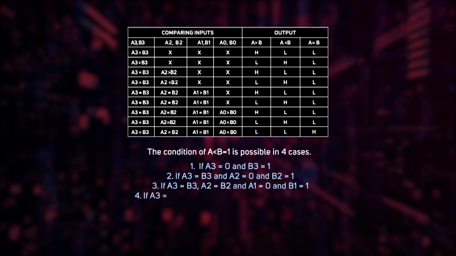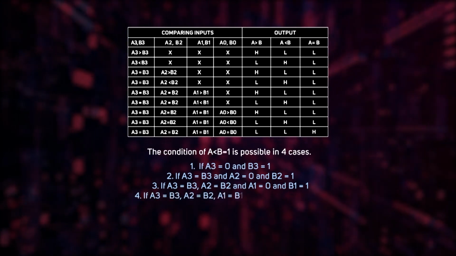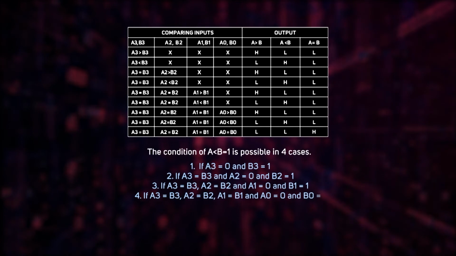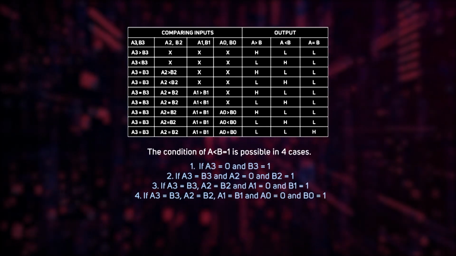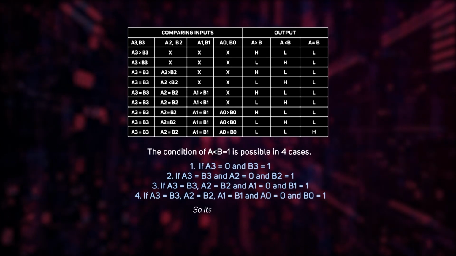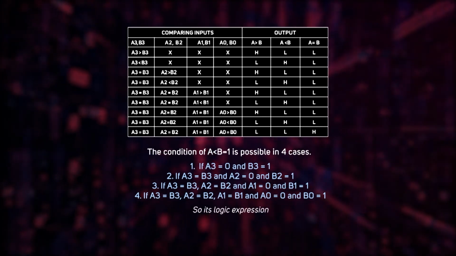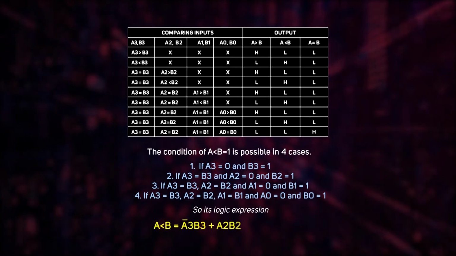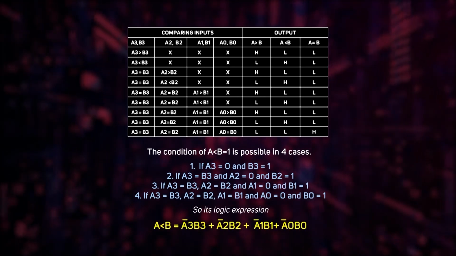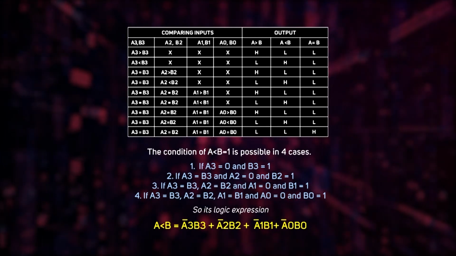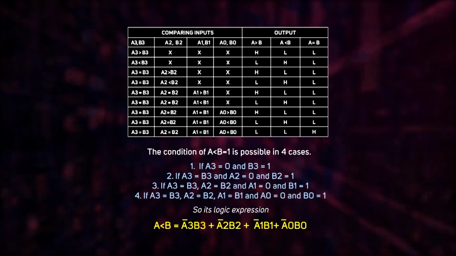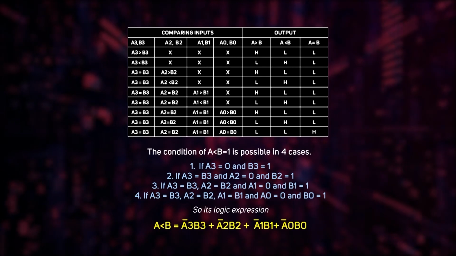And the last case A3 equal to B3, A2 equal to B2, A1 equal to B1 and A0 equal to 0 and B0 equal to 1. So, its logic expression can be denoted as A less than B equal to A3 complement B3 plus A2 complement B2 plus A1 complement B1 plus A0 complement B0.